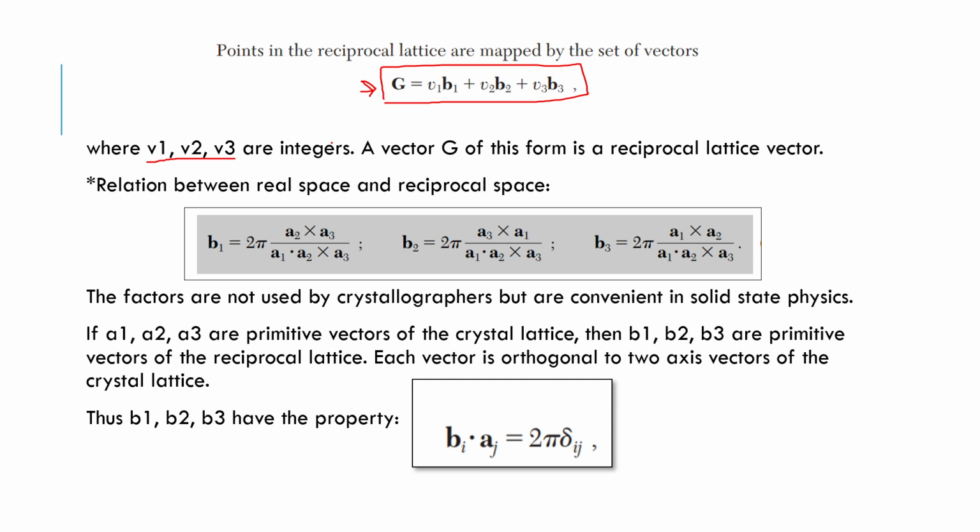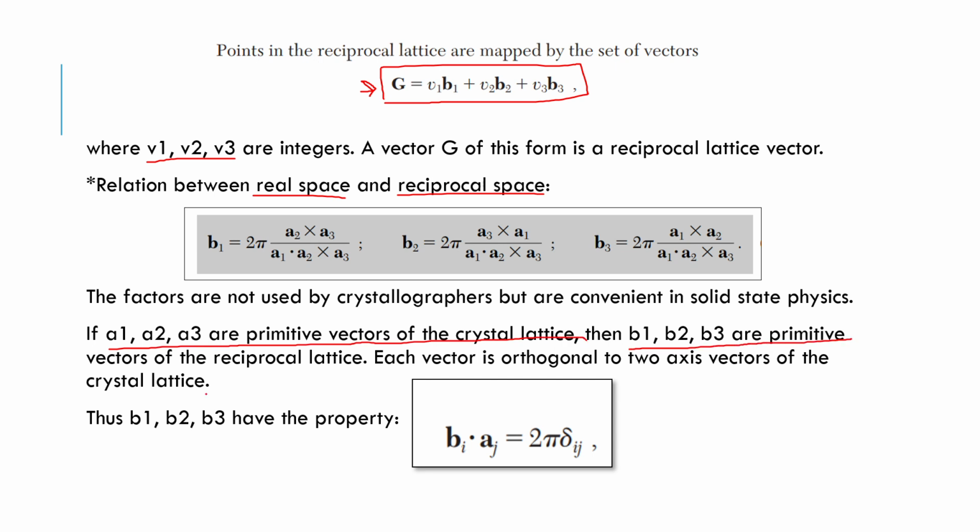A vector G of this form is a reciprocal lattice vector, and we can go from real space to reciprocal space using this relation: b1 equal to 2 pi a2 cross a3 divided by a1 dot a2 cross a3. This a1 dot a2 cross a3 is the volume of the unit cell. If a1, a2, a3 are the primitive vectors of the crystal lattice, then b1, b2, b3 are the primitive vectors of the reciprocal space.